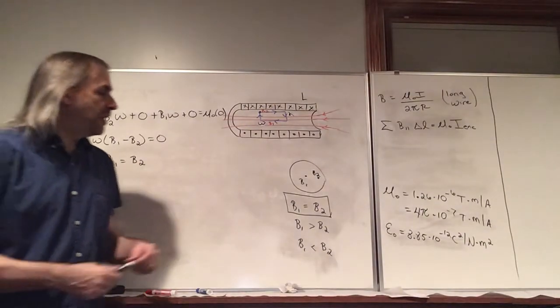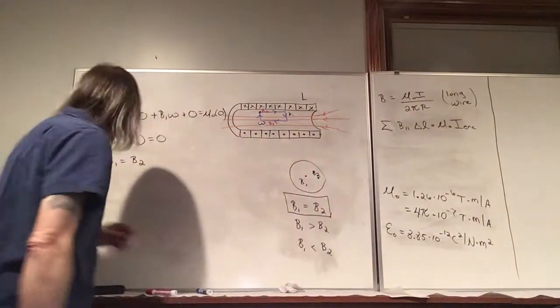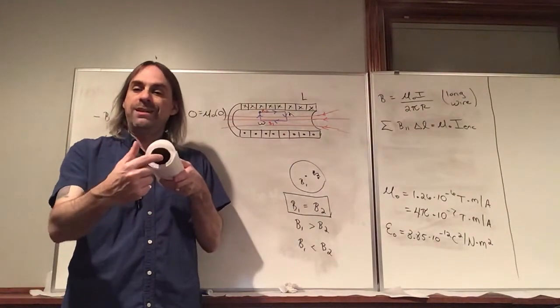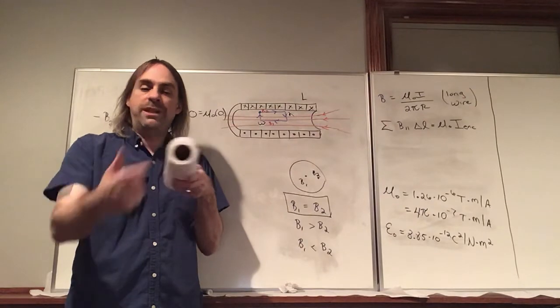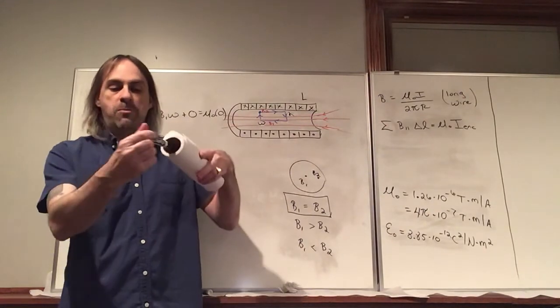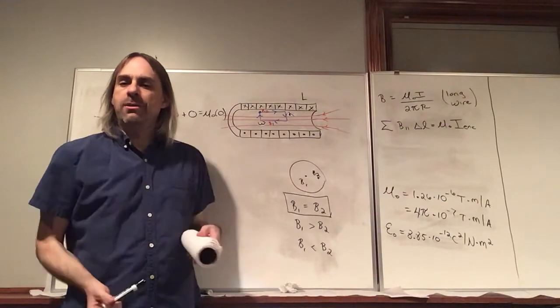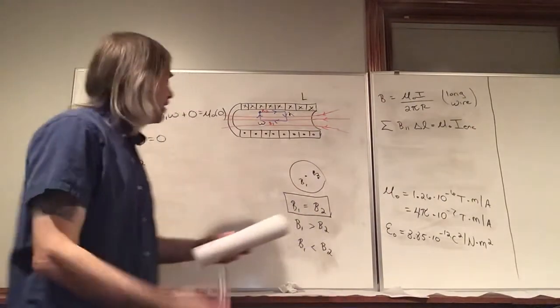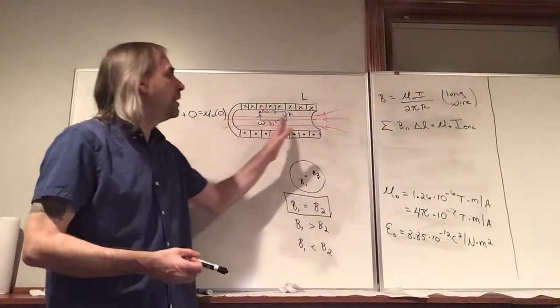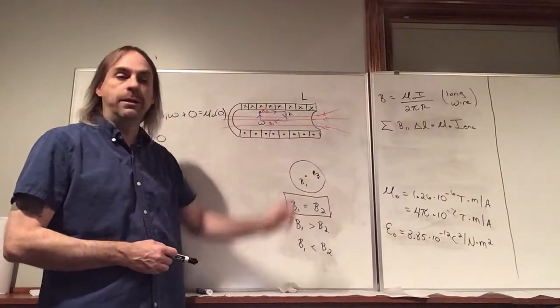So the magnetic fields, if you're right in the center, say you had a probe that could measure the magnetic field. You put your probe in here, move it around, you're going to register the same thing. The magnetic field doesn't matter where you are inside the solenoid, as long as you're deep in the solenoid and not near the edges.